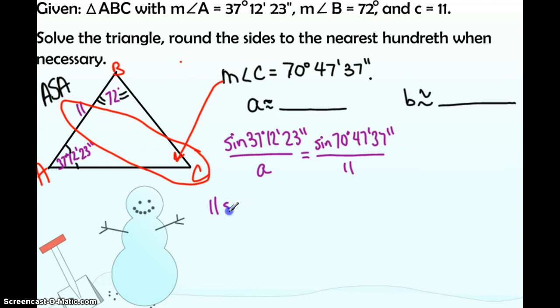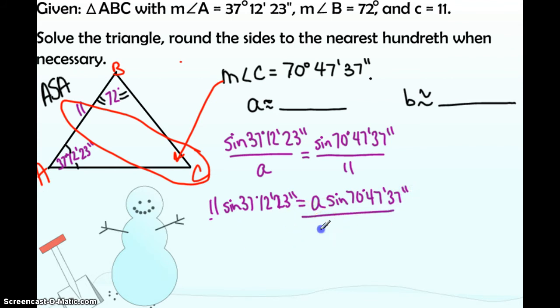So we've got 11 times the sine of 37 degrees, 12 minutes, and 23 seconds is going to equal A times the sine of 70 degrees, 47 minutes, and 37 seconds.